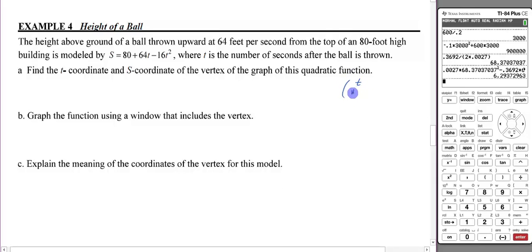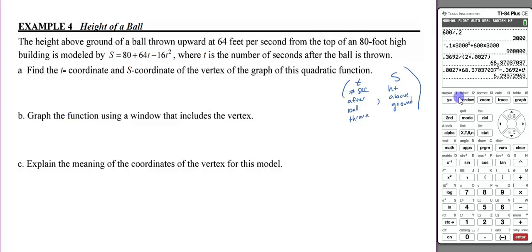It's the number of seconds after the ball is thrown. And S is going to be the height above the ground, and that's given in feet. So we are to find the t coordinate and s coordinate, the vertex of the graph of this quadratic function.